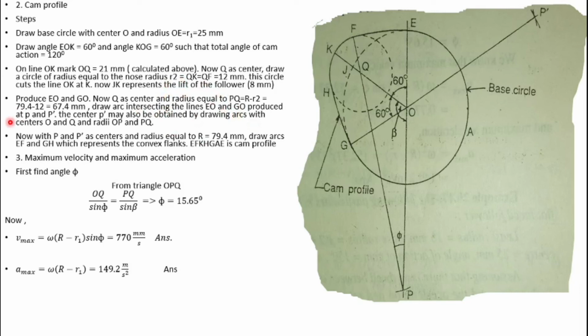Similarly, we can find the point P dash also. So P dash and P will be the centers, and the radius will be equal to PF, which is equal to PE also, the radius of the flank curve.